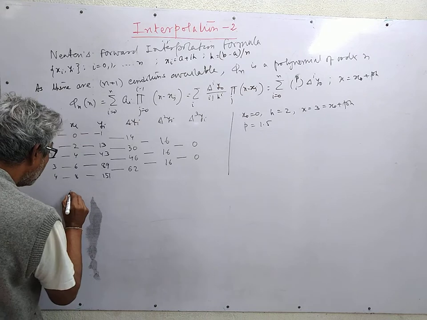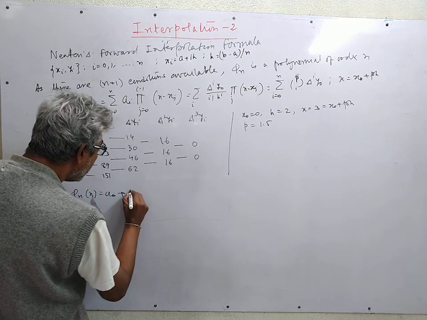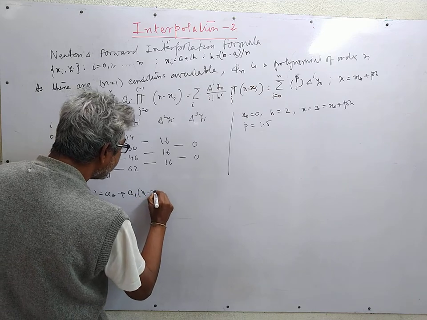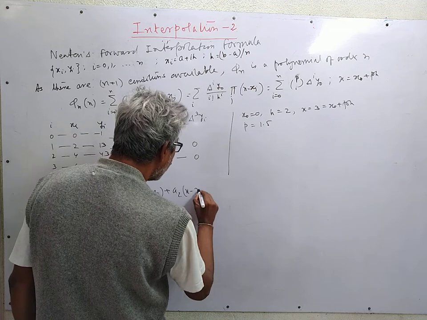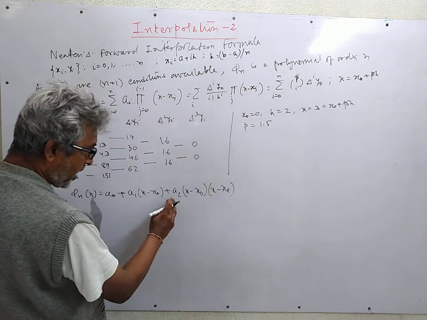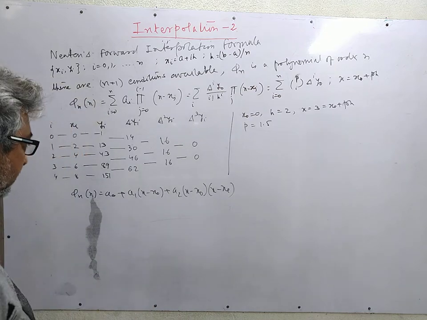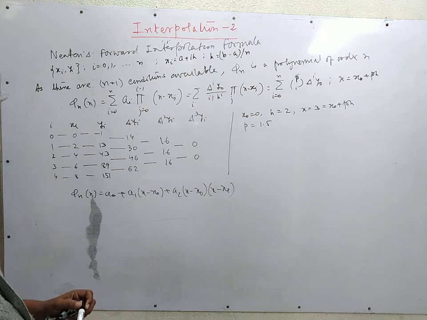So the phi n here becomes a0 plus a1 (x minus x0) plus a2 (x minus x0)(x minus x1). All other higher a are 0, so the data should match a polynomial expansion.